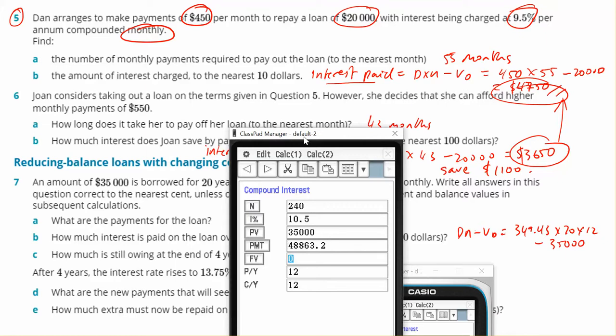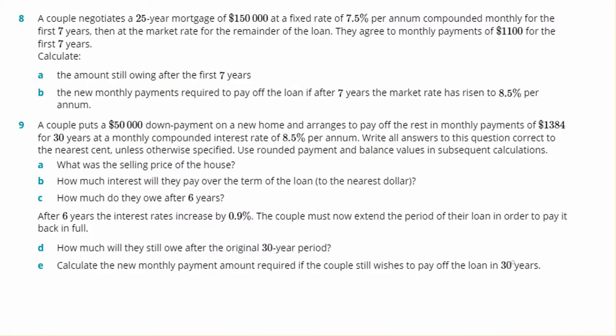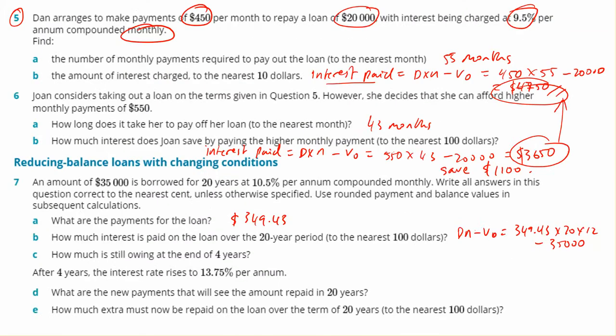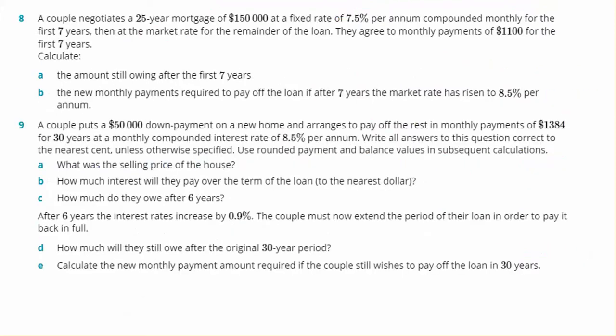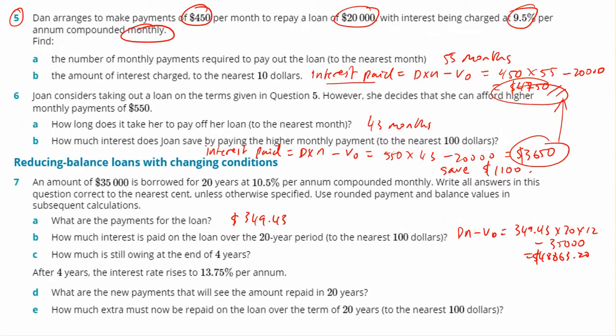So 48863.20. It says round to the nearest $100, so it's 48900. You've got to follow the instructions because it says clearly here, round to the nearest $100.